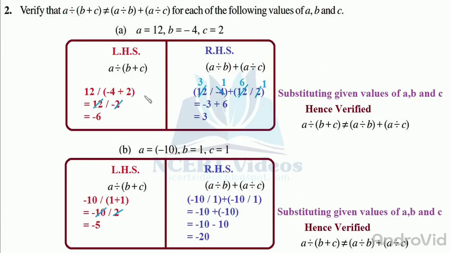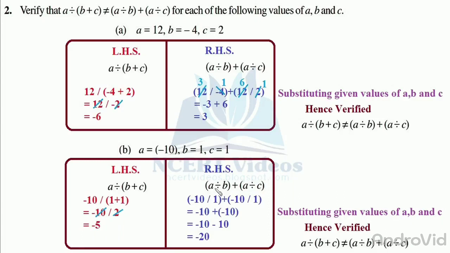Now b part, here a is minus 10, b is 1, c and 1. We will do the same thing, putting the values here. Now solving it, minus 10 as it is, 1 plus 1 is 2, 1 2 is 2, 5 2 is 10, minus sign here.